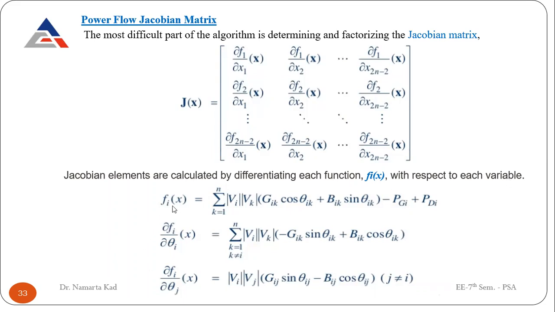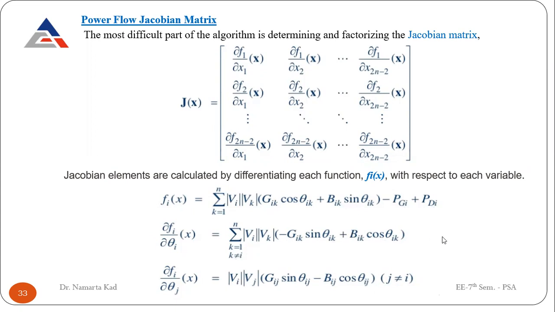If this is the function for the ith element, you differentiate it with respect to theta i first, then any other bus theta j. For theta i, we know that the differentiation of cos is sine, so it comes out to be minus g_ik sin(theta_ik), and the differentiation of sine is cos, so it is plus b_ik cos(theta_ik).